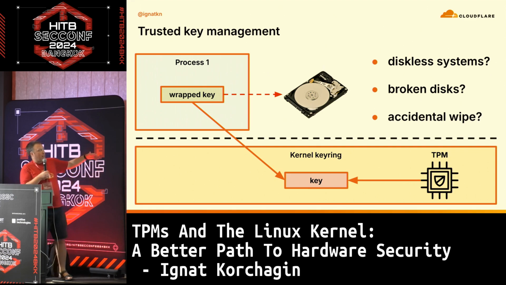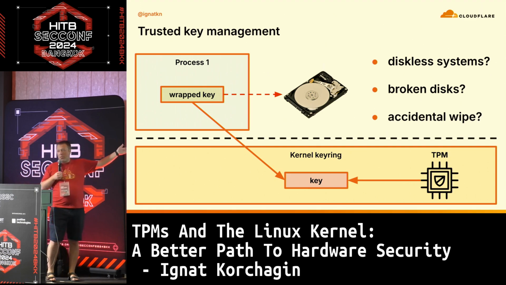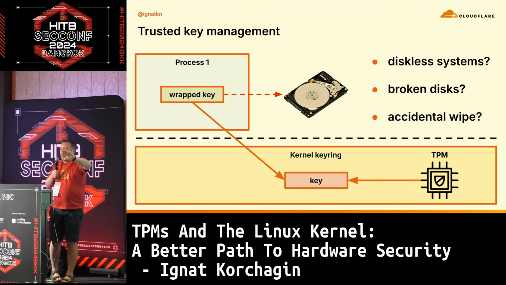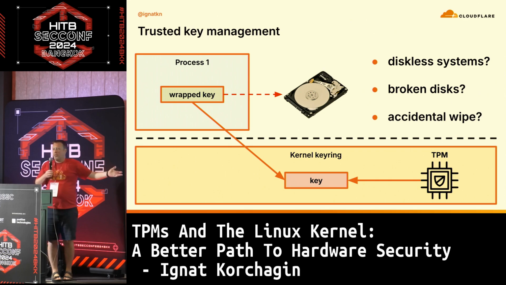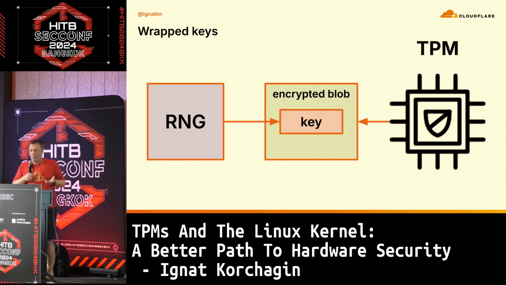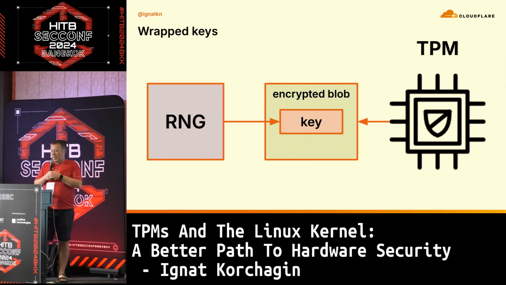So wrapped keys are great because they don't expose plaintext cryptographic material to user space, but you still have to manage them. You have to hold on to that blob. Otherwise, if you lose that blob, you cannot use your key anymore, which is not great. And on a server scale, it scales poorly.